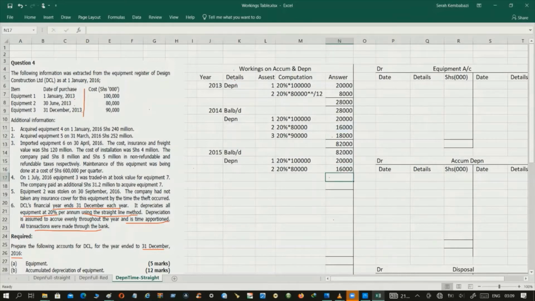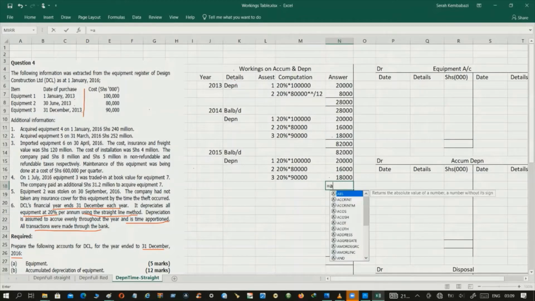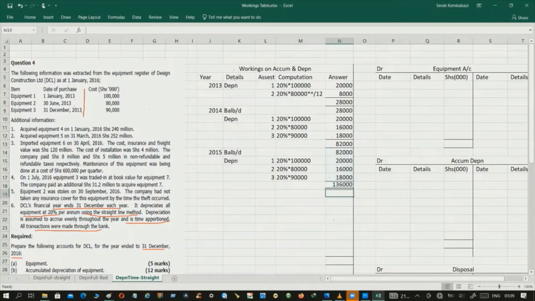It will be 16,000. For equipment 3, it is also the same case. We had it for that whole year. So again, it will be 18,000. And when we total up, we'll have an amount of 136,000. So that will be our new opening balance at the start of the financial year 2016.